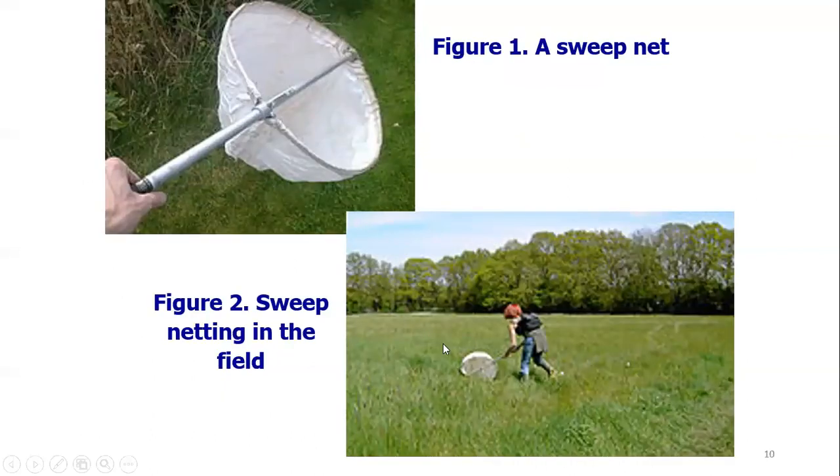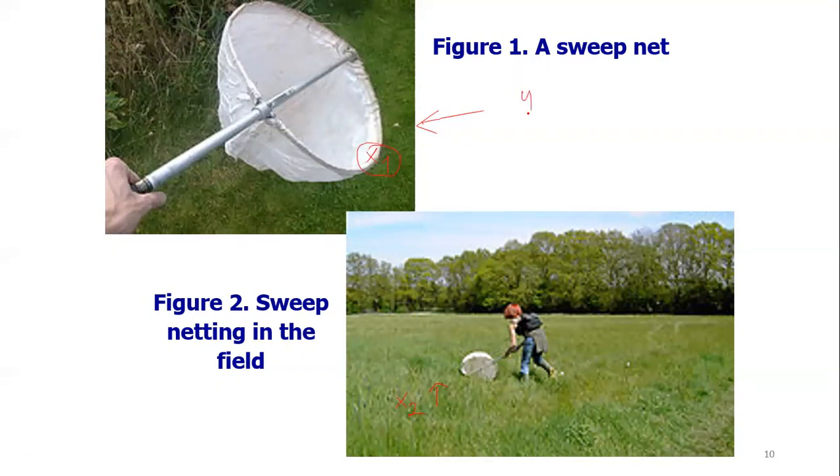Here we have the sweep net. They use this item to catch the grasshoppers. For example, there are some grasses, some plants here, so the height of this plant is x2. And x1 is the number of grasshoppers caught by this sweep net.